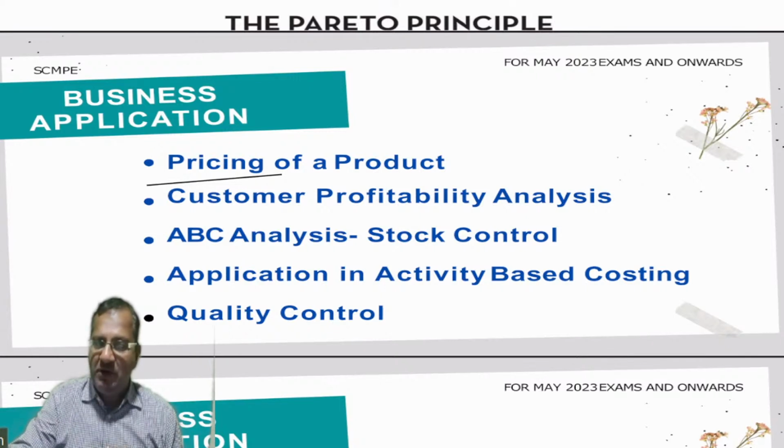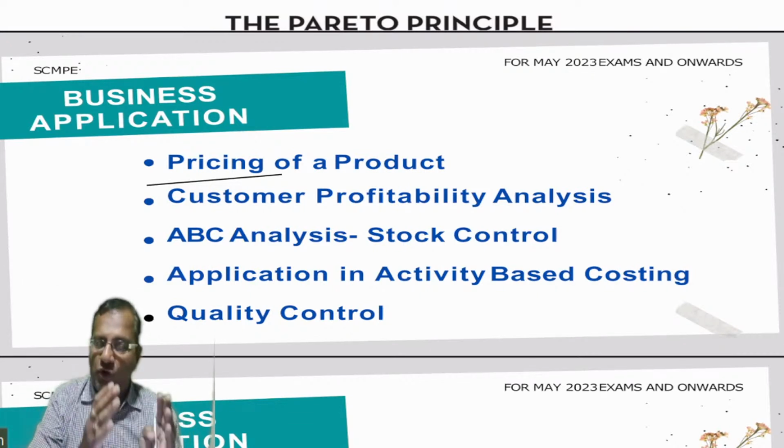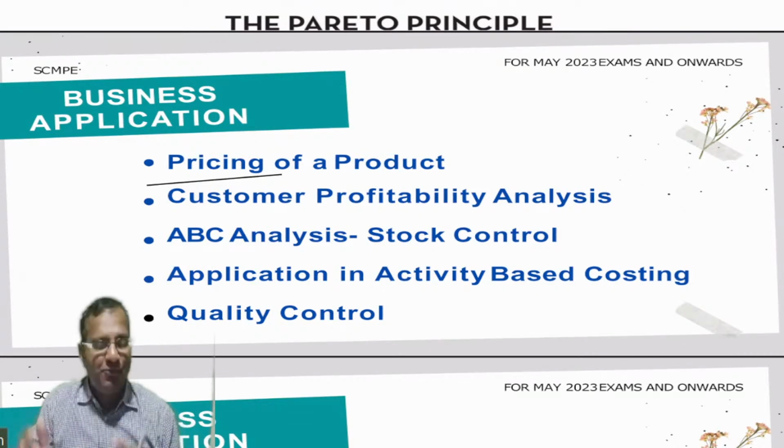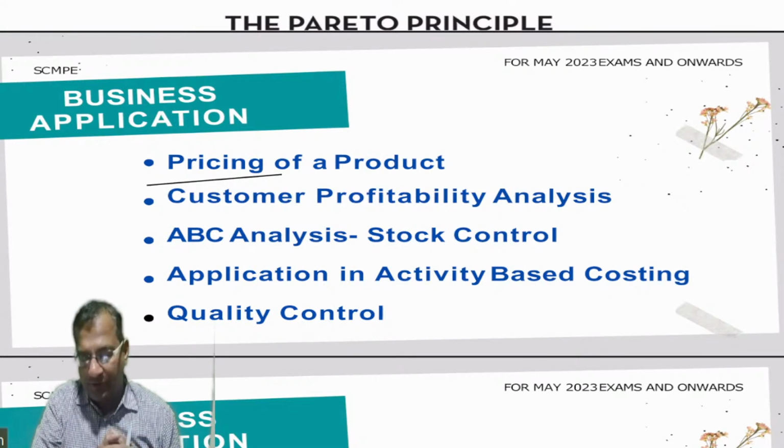Because if management wants to focus on each and every product, it will not be able to do justice. So they will focus on only the vital few, while the remaining product pricing will be delegated to the tactical or subordinate level of management. Clear beta?